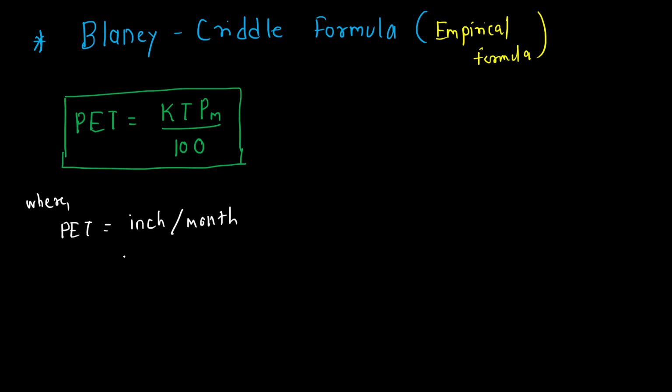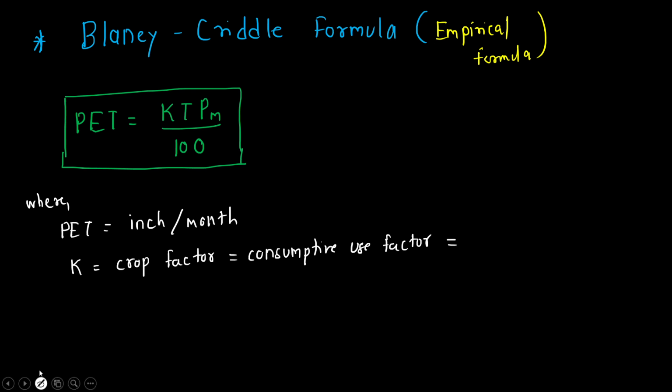So this is how there is a difference here. Then K is called the crop factor. Sometimes it is also called the consumptive use factor. It is equal to consumptive use divided by pan evaporation.